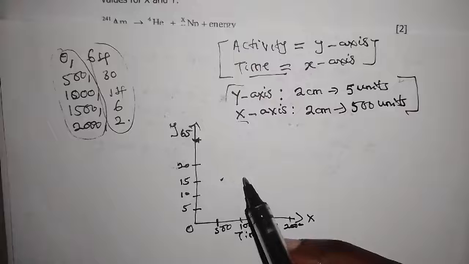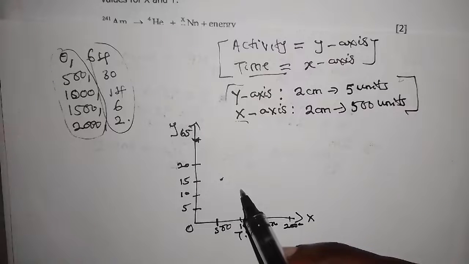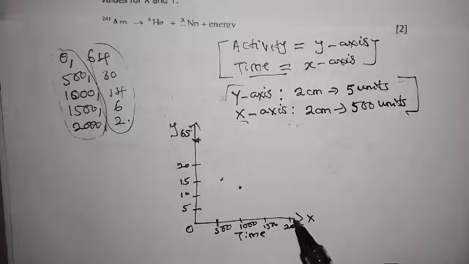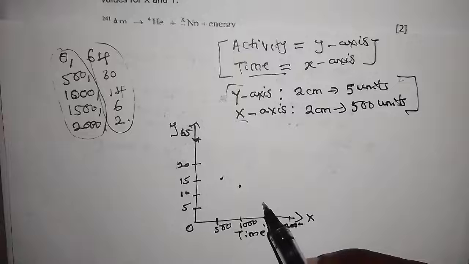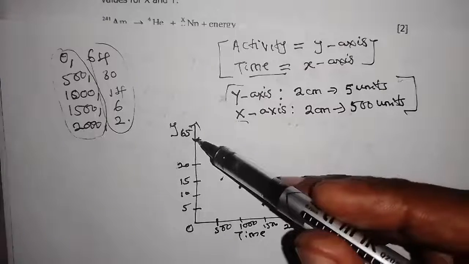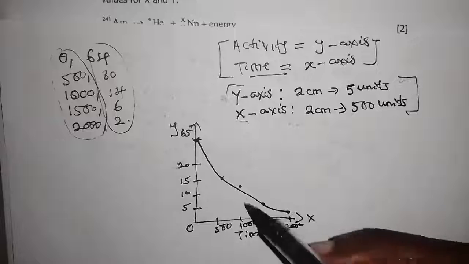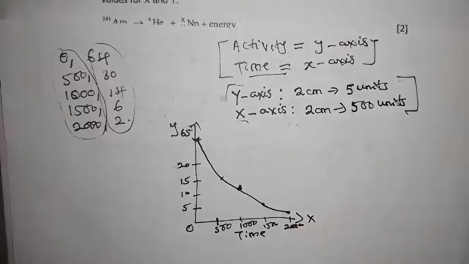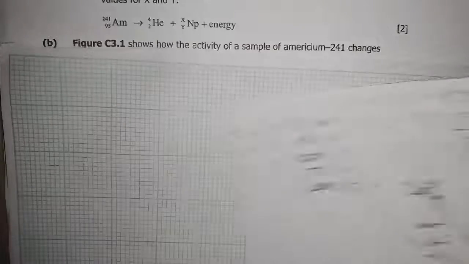Then 1000, 14 is maybe somewhere there, and 1500, 6 is somewhere there. Then 2000, 2 is just somewhere there. So your graph should come out like this. Okay, so this is how it's going to look, but I have to put it on graph paper.